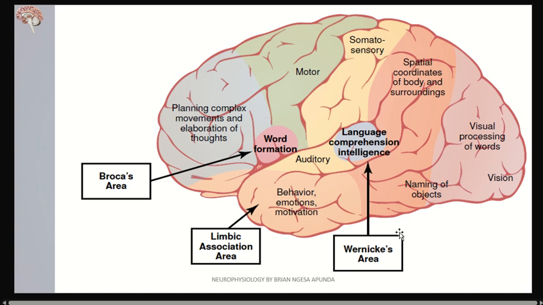So a good example where you are able to see some of the association areas, like we've suggested, for example, the limbic system or the limbic cortex, you are able to see some of the specific roles that we anticipate. They'll be able to control some aspects of behavior, emotions, and motivation.